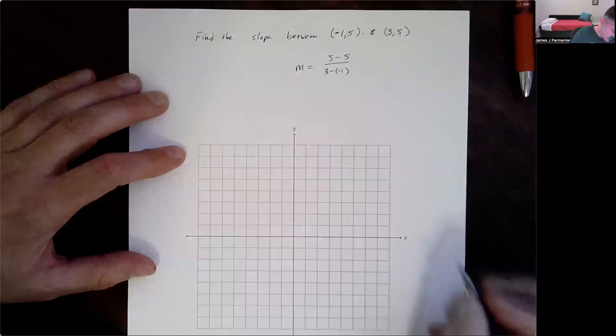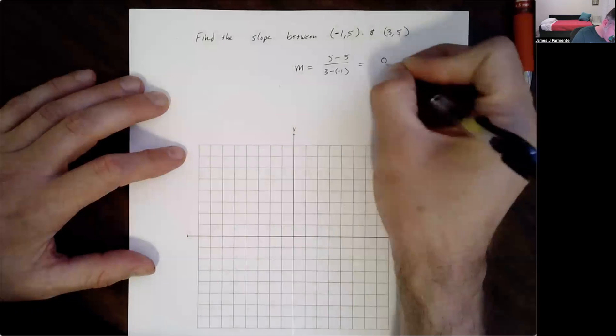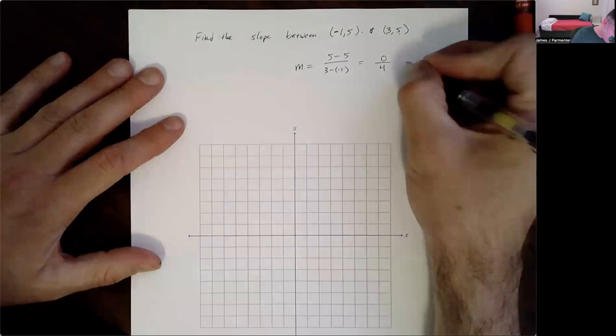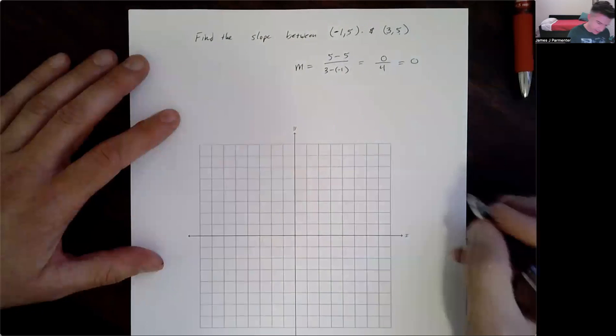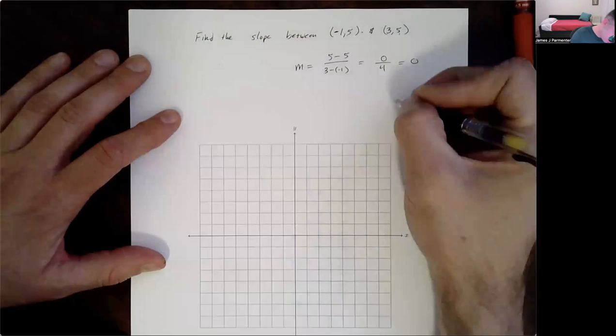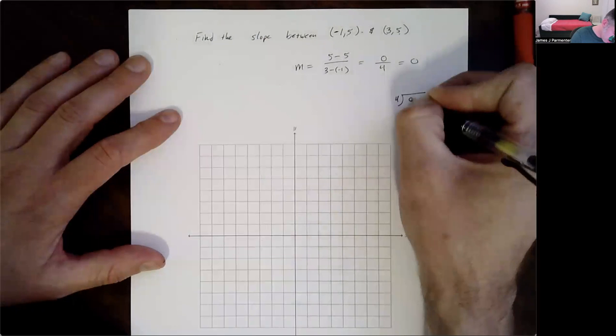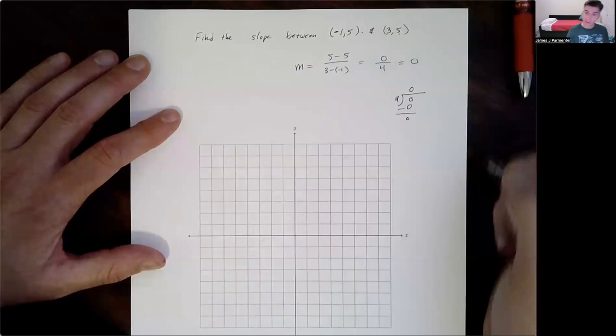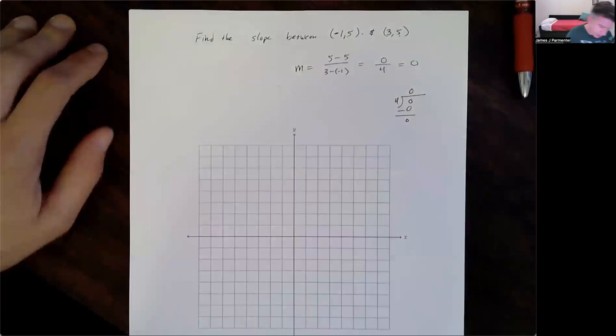That's going to be 0 divided by 4, and 0 divided by any non-zero number is just 0. If you want to think about that, how many times does 4 go into 0? 0 times, and 0 times 4 is 0, and the remainder is 0, and that works out just fine. So check.